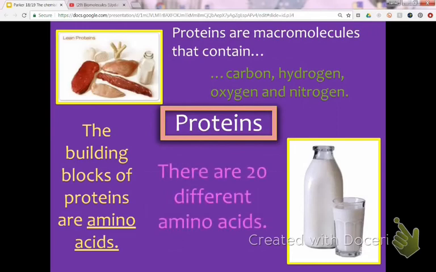There are actually 20 different amino acids. There's 20 essential amino acids that you need to survive. That's why they say sometimes things are a perfect food or a whole food, like rice and beans, because it has all 20 different amino acids. It has everything you need.